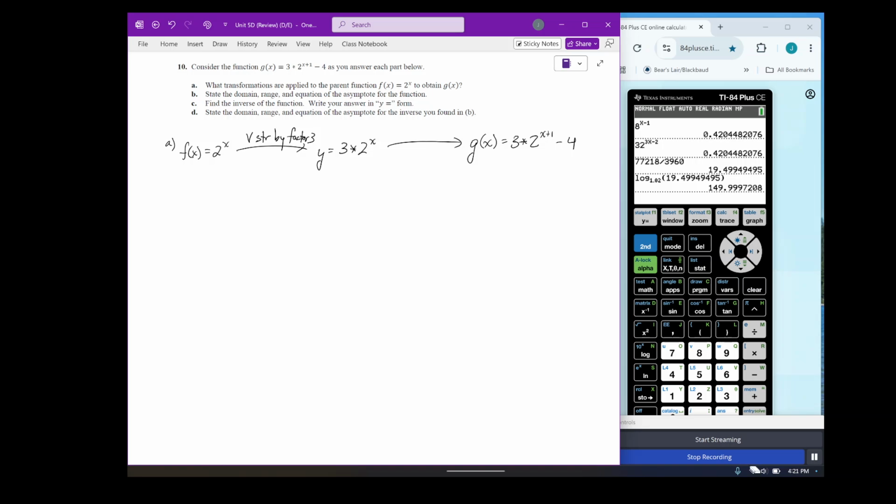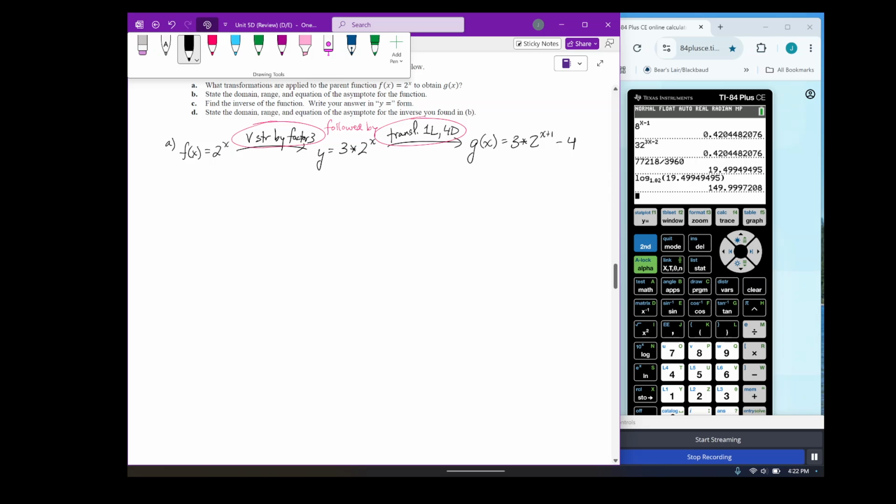And so the plus 1, if you remember, is a translation by 1 to the left. Remember, the x's kind of feel backwards. And then the 4 is negative, so that's 4 down. Okay? So these things right here, this followed by this, represent the transformations that are applied. So that's your answer to A.